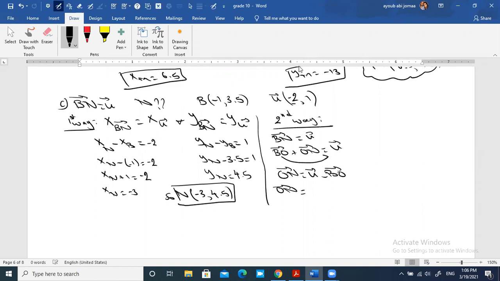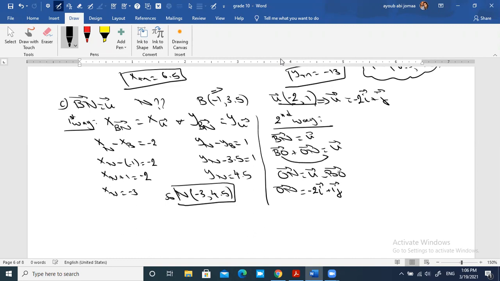What is the x of u, sir? We had it before. We put in parentheses minus 2 plus 1, minus 2i plus 1j. It means that vector u is equal to negative i plus 1j, or plus j.